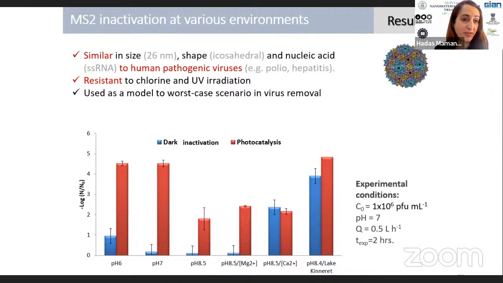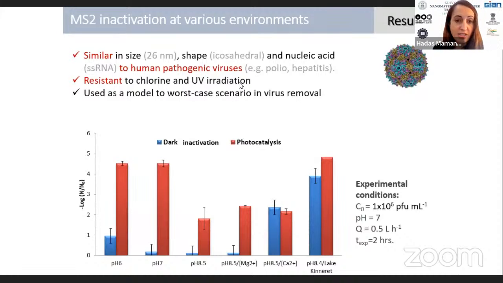It is 25 nanometers in size, and it has RNA as its nucleic acid. It's very resistant to chlorine and UV radiation, and therefore we wanted to understand its inactivation upon photocatalysis. It's resistant to UV radiation in the UVA visible range, of course.